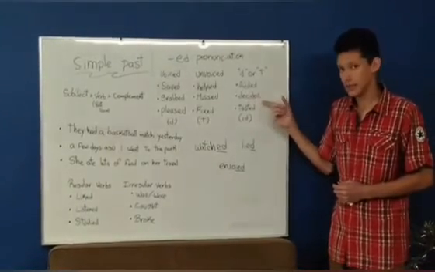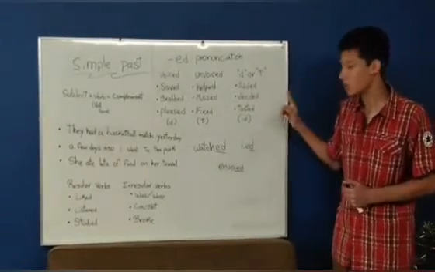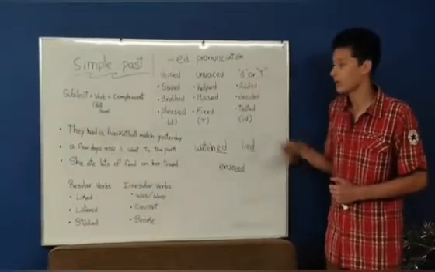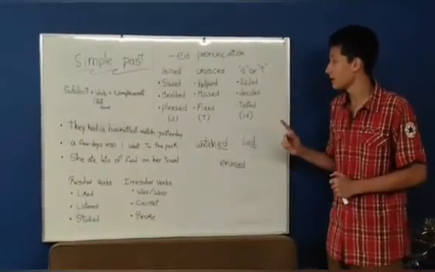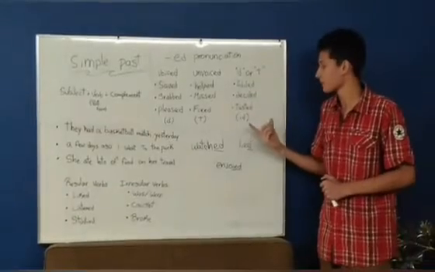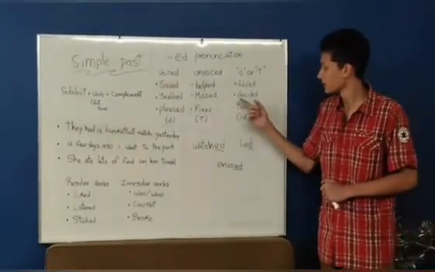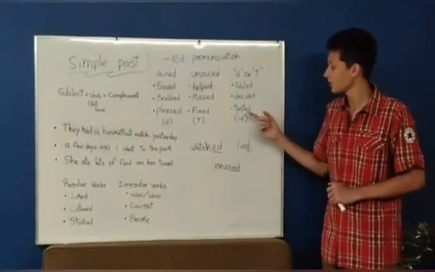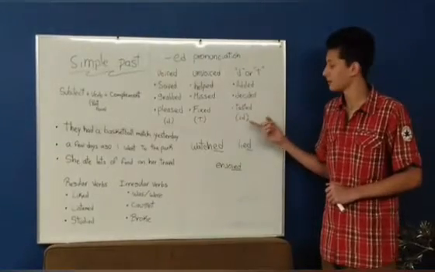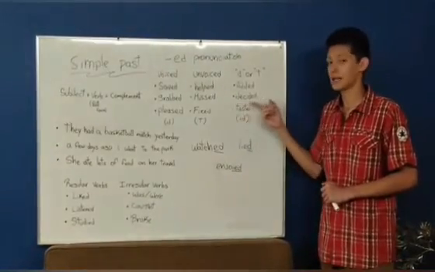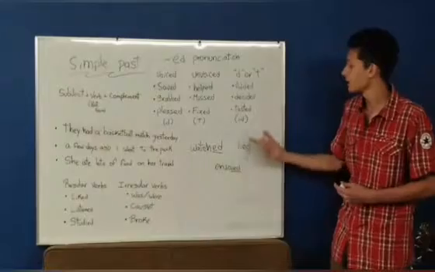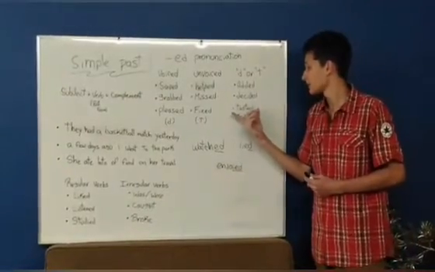Okay. Next example, decide. It ends with E. Yes, but the last consonant is a D. So that means that it's part of this group. So decide is now decided. Decided. Okay. The last example, taste.